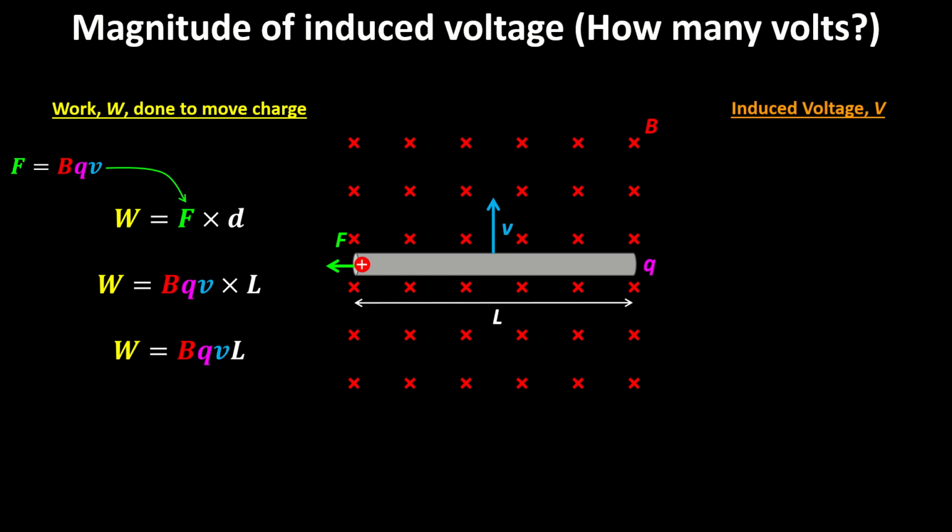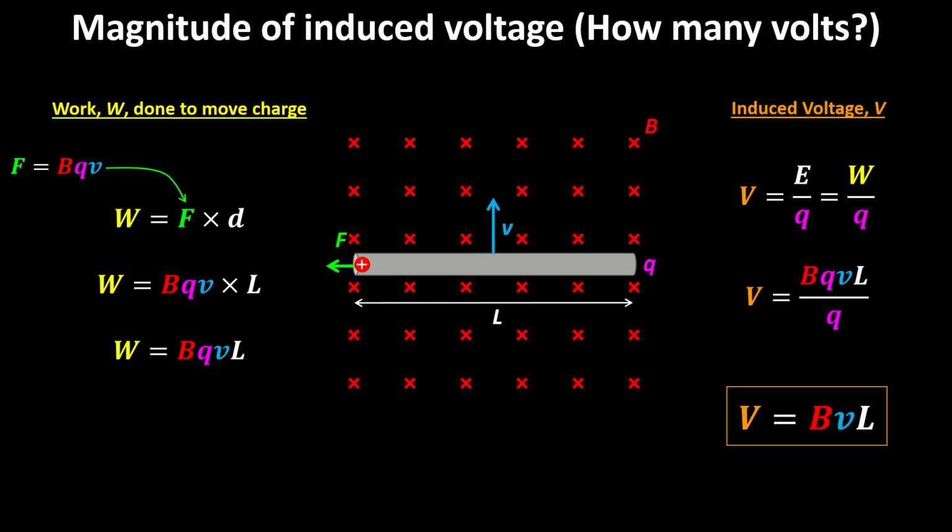If we then want to calculate the voltage, if we just remember that voltage is defined as the energy per charge, or in this case, because energy and work are the same thing, we can calculate it as the work done divided by the charge. And we have an expression for the work that we just figured out. So we can express voltage as BQVL divided by Q. The Q's cancel out. So we're left with this expression.